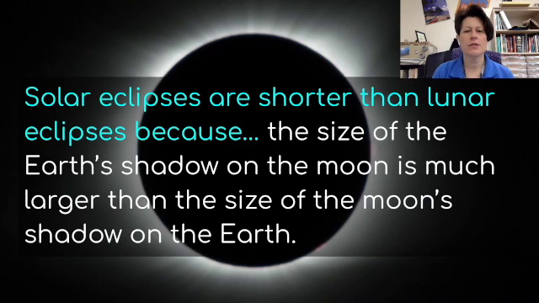And solar eclipses are shorter than lunar eclipses because the size of the Earth's shadow on the moon is much larger than the size of the moon's shadow on the Earth. So they happen much faster. The progression takes quite a long time, but the time that the eclipse is happening in totality is just a matter of minutes.